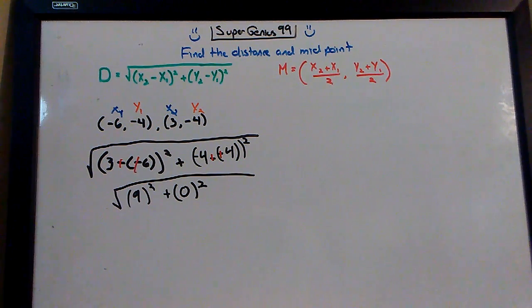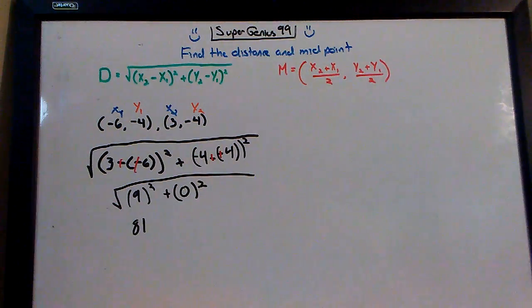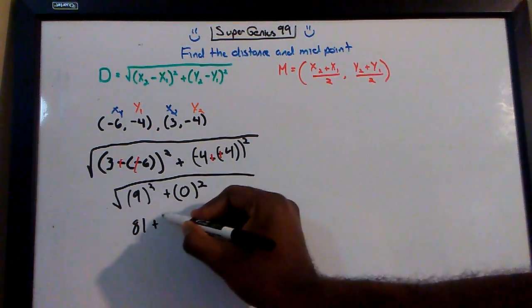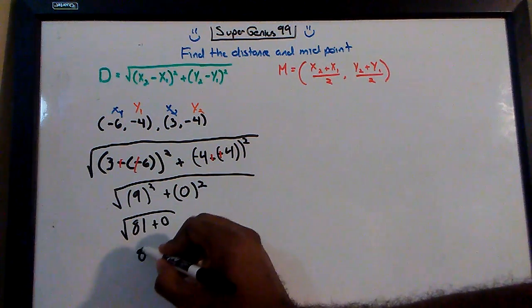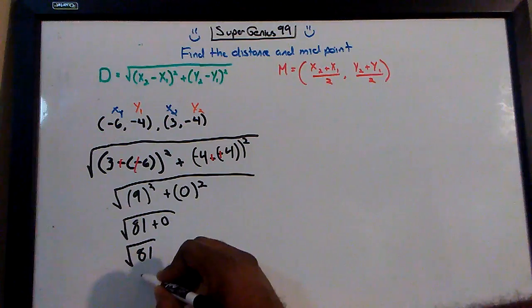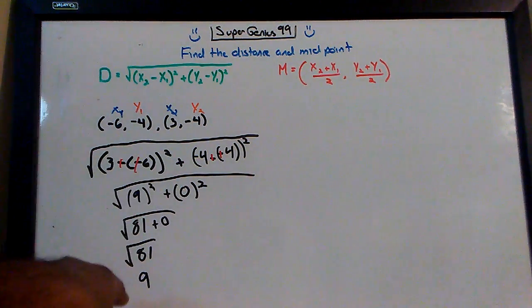And then 9 squared is how much? 81. 0 squared is how much? 0. 81 plus 0, pretty simple. The square root of 81 is 9. So what does that mean? It means the distance between these 2 points is 9.